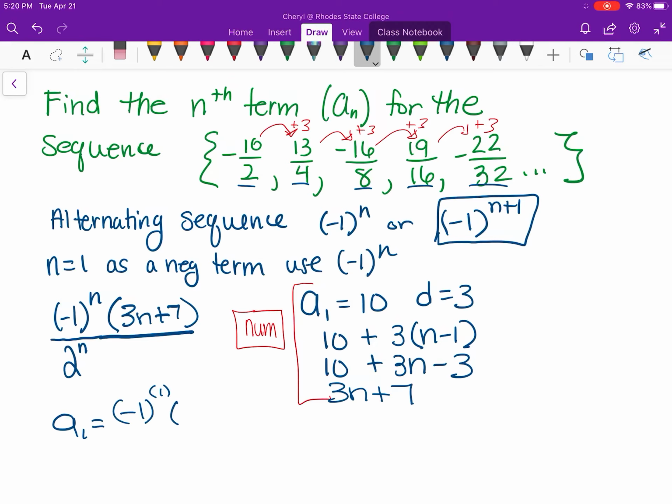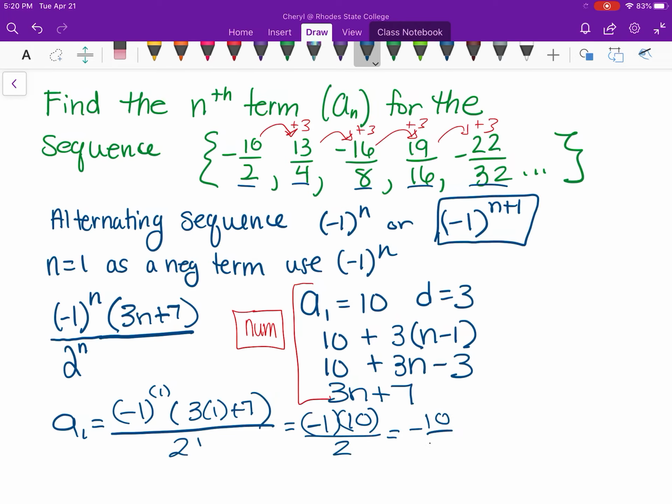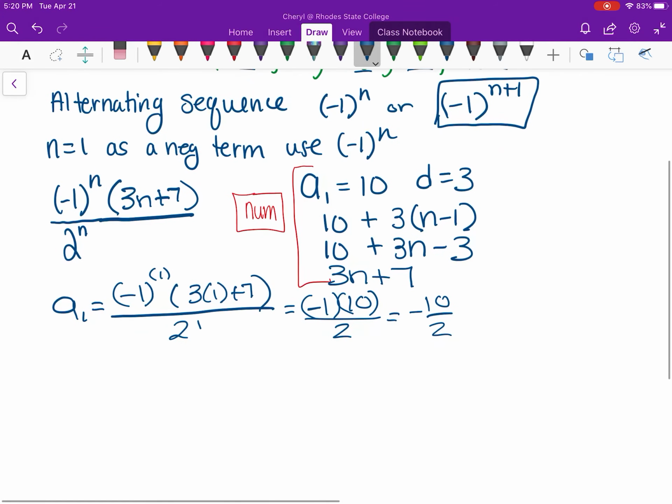When I plug in n as 1, that gives me negative 1 to the first power, which gives me a negative 1. Then I have 3 times 1 is 3, plus 7 is 10. And then I have 2 in the denominator, and that gives me negative 10 over 2.